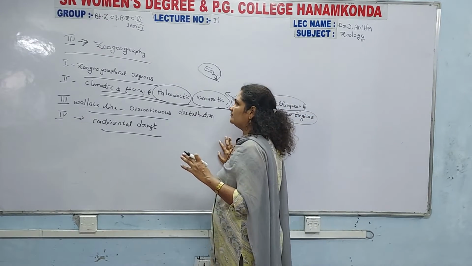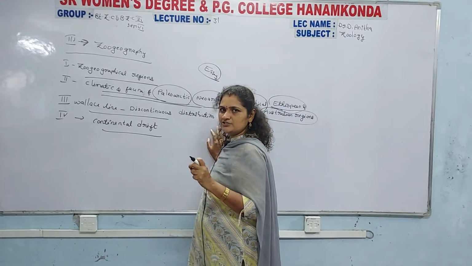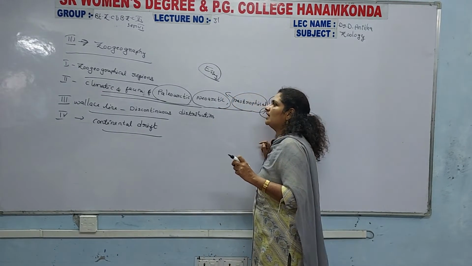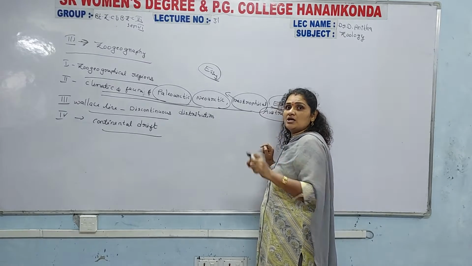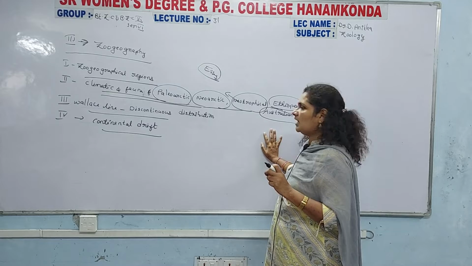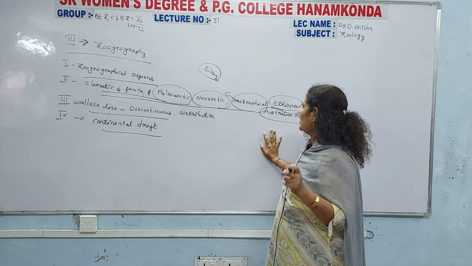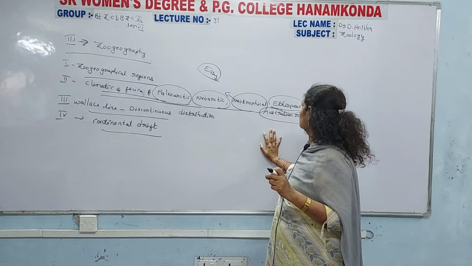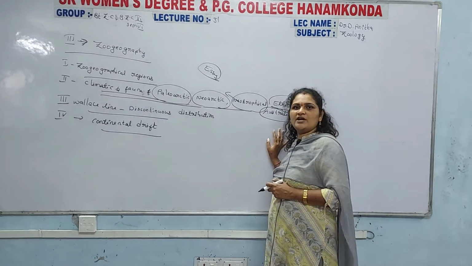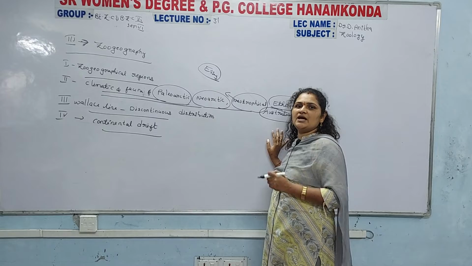Otherwise, they clearly mention to write the animal fauna of each region individually: animal fauna of Paleo-Arctic region, Neo-Arctic region, Neotropical region, Ethiopian region and Australian region.